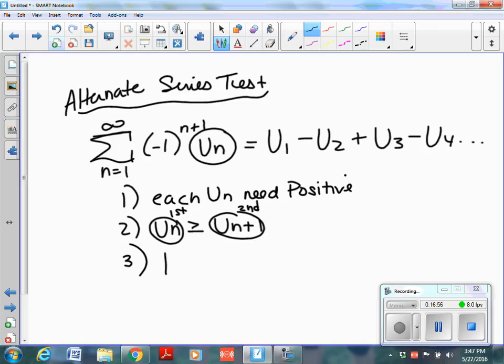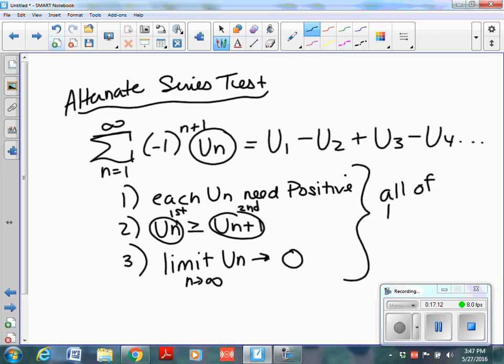And the limit as n approaches infinity of u_n must get closer and closer to 0. All of these must work in order for your series to converge.